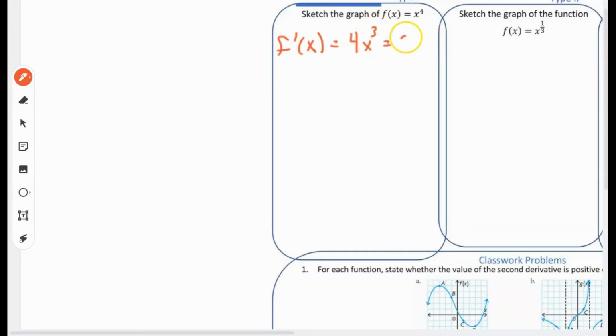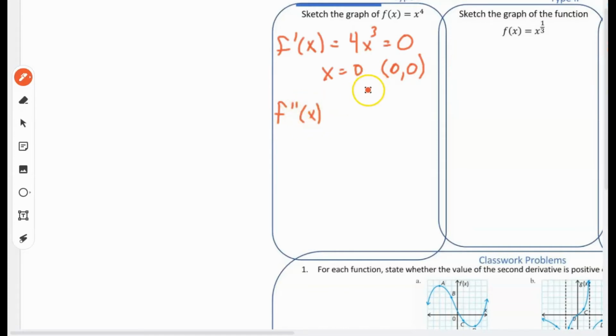If we set that equal to 0, then we get x equals 0. And that's easy to find the point as well. It's the point (0, 0). So we know there's a maximum or a minimum right there. Okay. We don't need to test because our second derivative is going to tell us what it is.